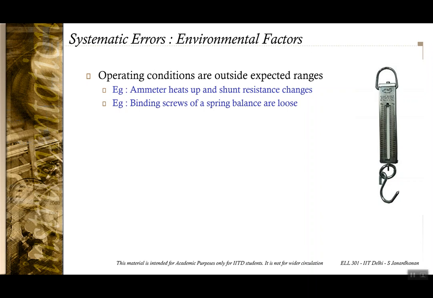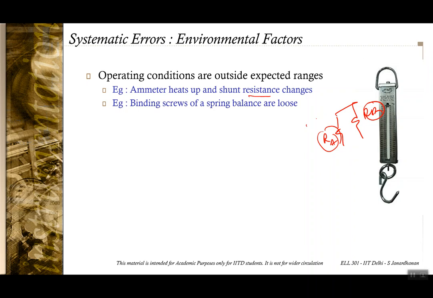Okay, and because of that, the shunt resistance is heated up and the shunt resistance changes. Now since the shunt resistance changes, your ratio of ammeter resistance Ra to Rsh is going to change. So basically the gain of the ammeter circuitry has changed.